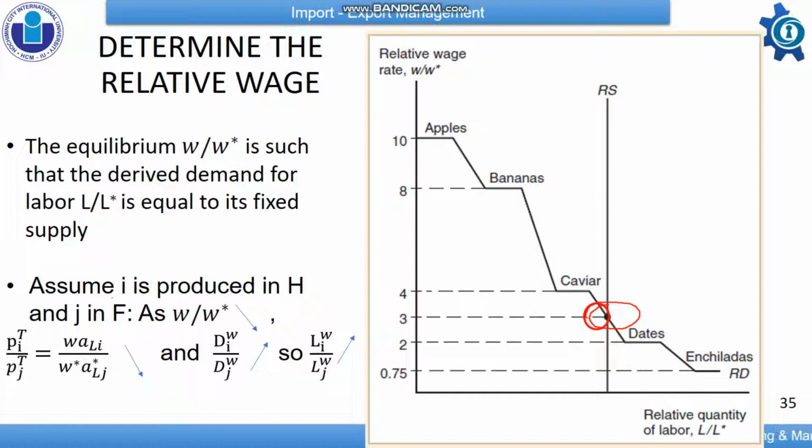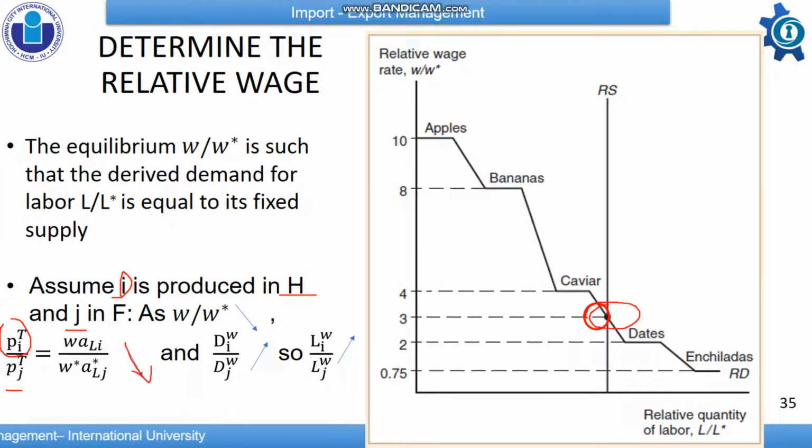Assume that product I is produced in the home country, and product J is produced in the foreign country. So if the relative wage rate decreases, the relative price of product I to product J will decrease.